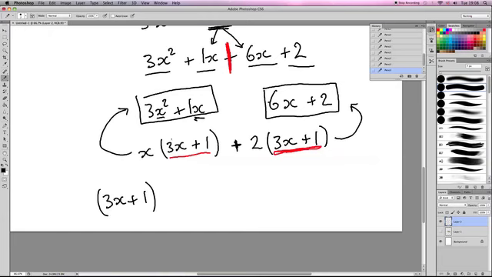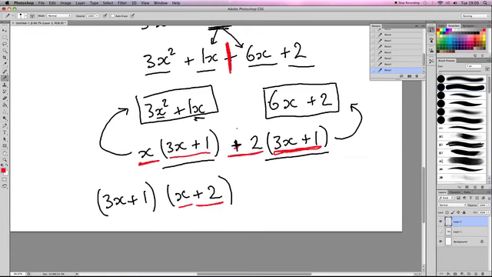What I'm going to do is take this bracket out as a factor because I've got x times this and 2 times this as well. If I take the bracket out, I'm left with x plus 2, which is my other bracket I'm looking for. That other bracket, you can see the x is here and the x is there, the plus 2 is here and the plus 2 is here.